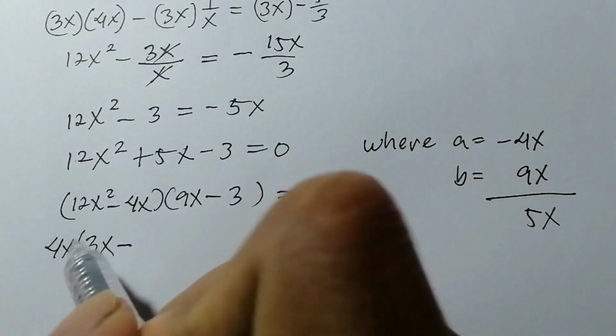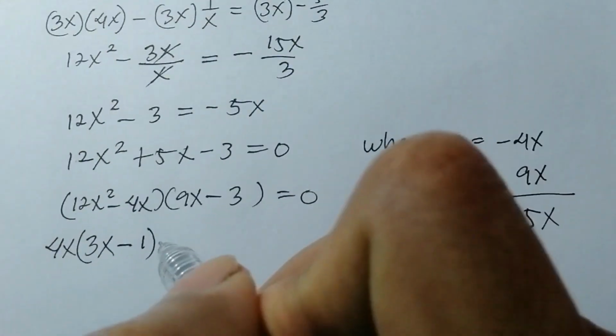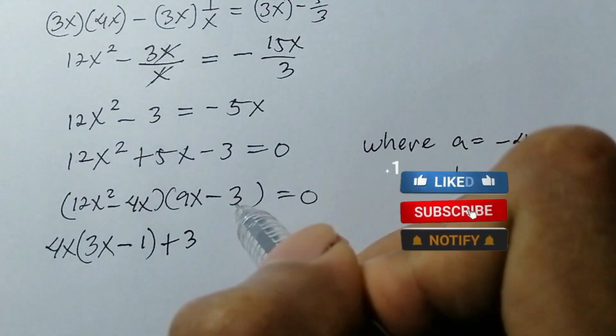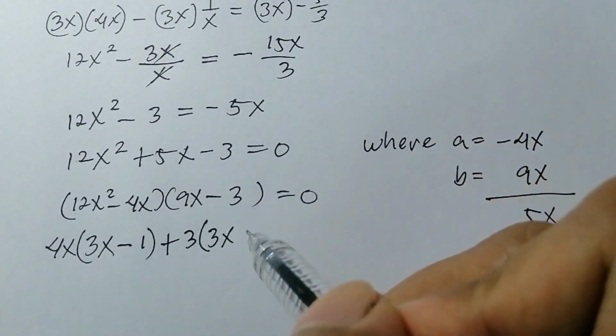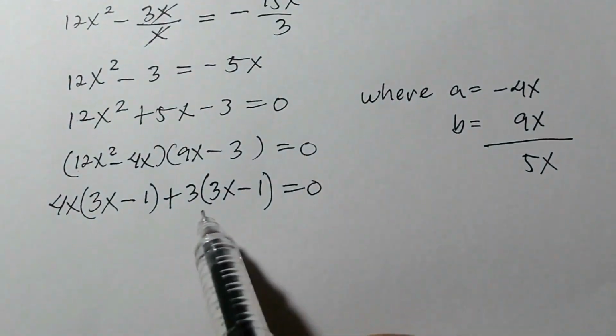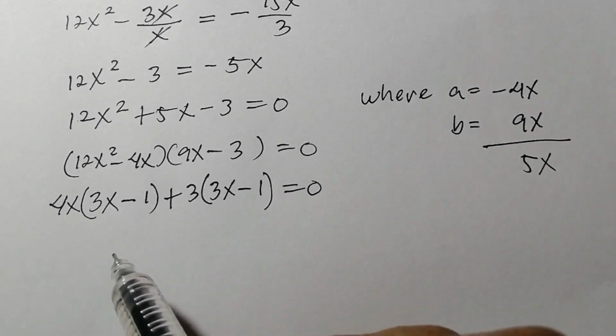Then 4x divided by 4x is 1, plus, and then for this one we factor 3, so 3 divided by 3 is negative 1. Each term has in common 3x minus 1, so we take this outside of the bracket.